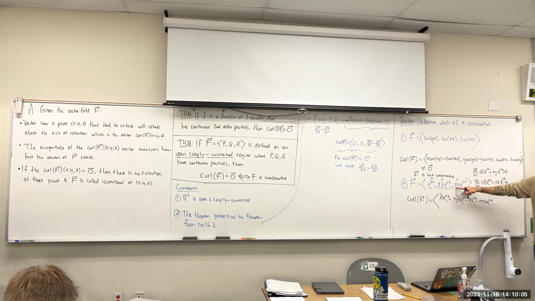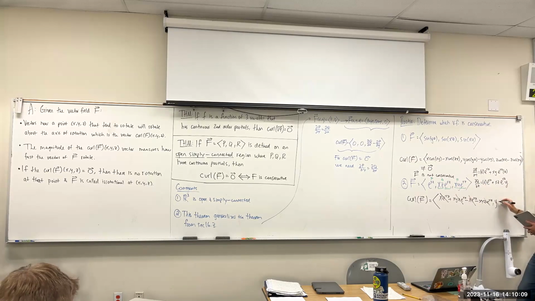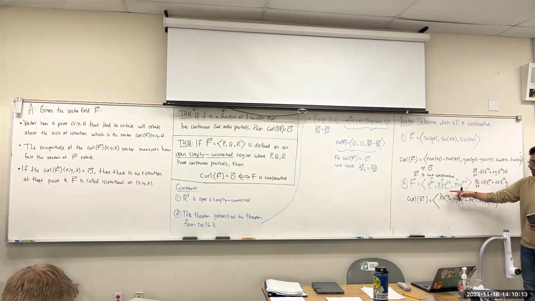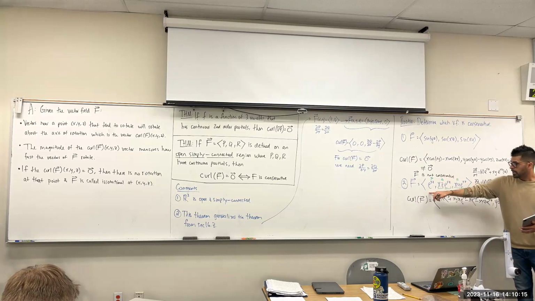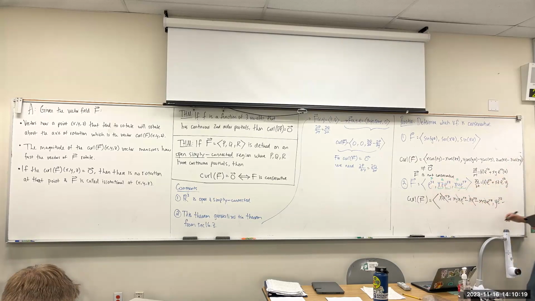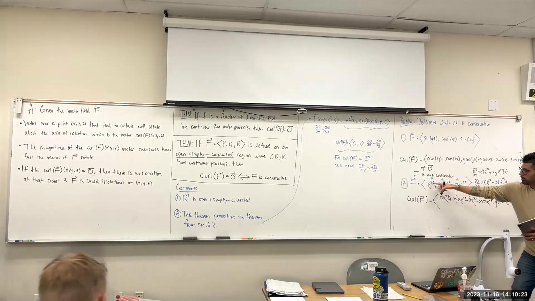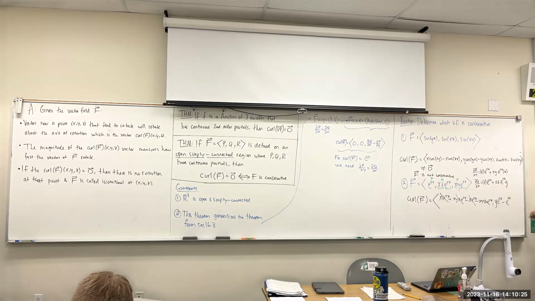It's just the partial with respect to x, so all this is a constant. So it's e to the yz, minus the partial of P with respect to z. You have to do the chain rule: e to the yz, take the derivative of the inside function with respect to z, multiply by y. So now these cancel.